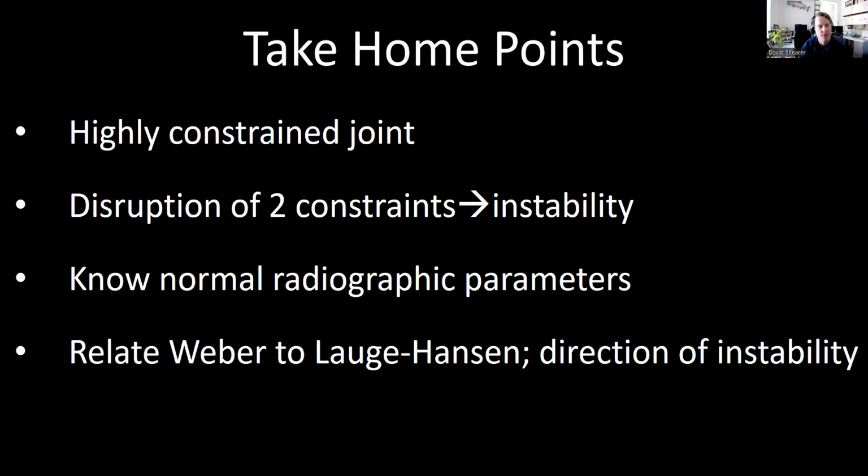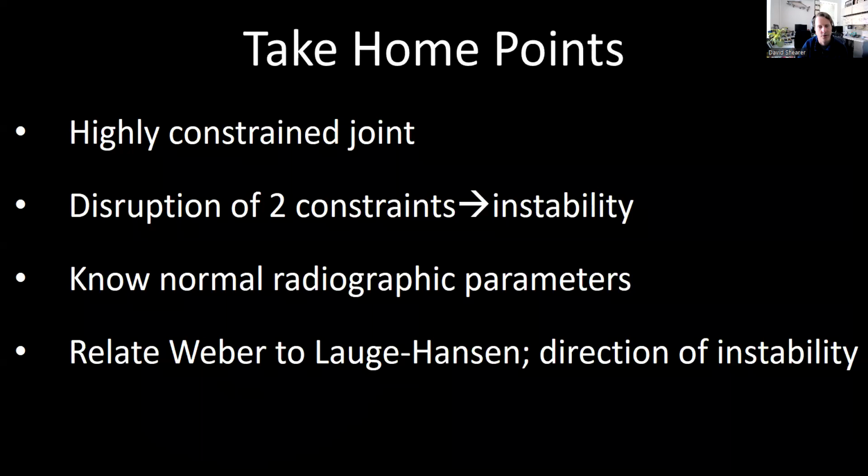So just to wrap it up, remember the ankle is a highly constrained joint. Understand that conceptual relationship of the malleoli and the ligamentous structures. Remember that if you disrupt two of those structures, whether it's the bone or the ligament, you will have instability, which is the driver of the surgical indications.